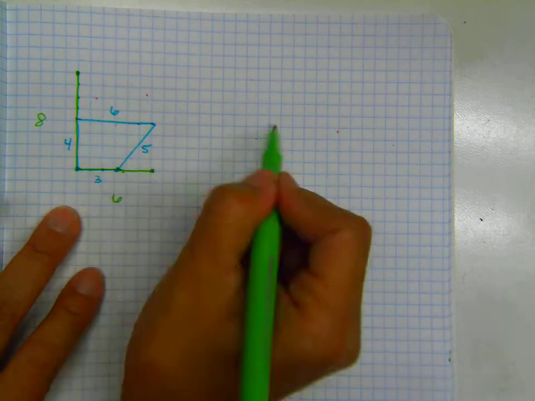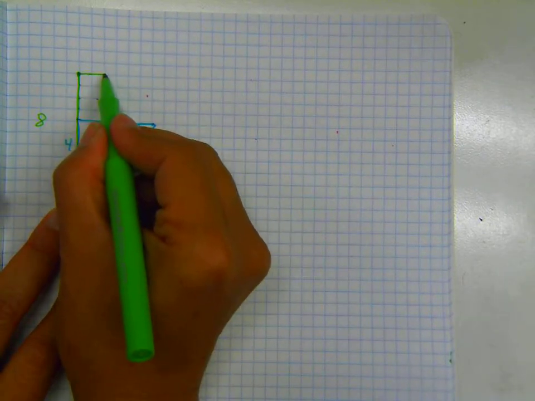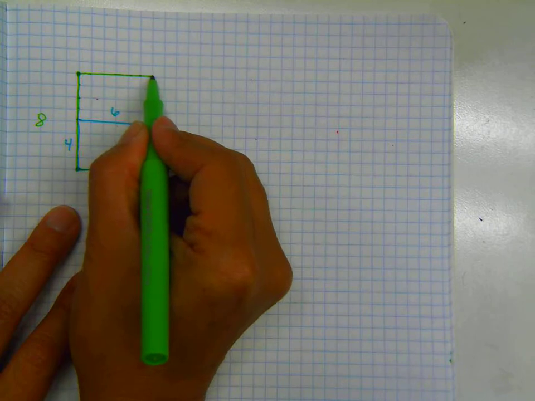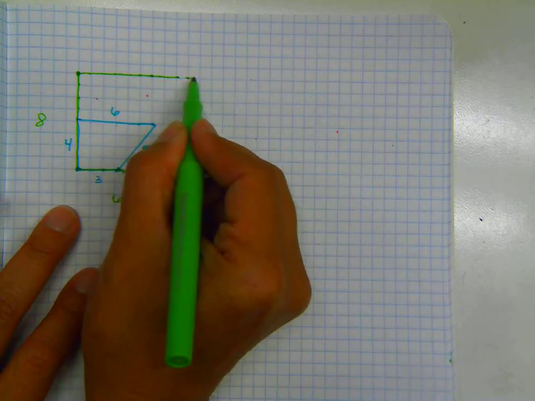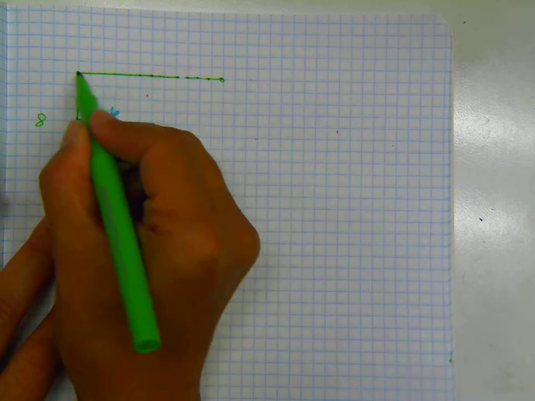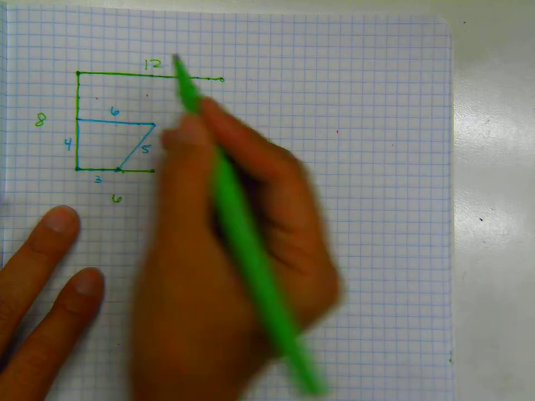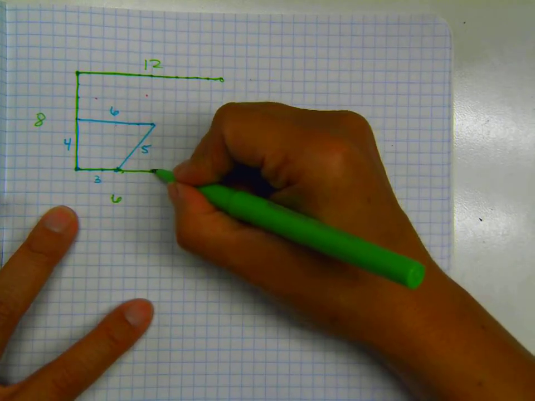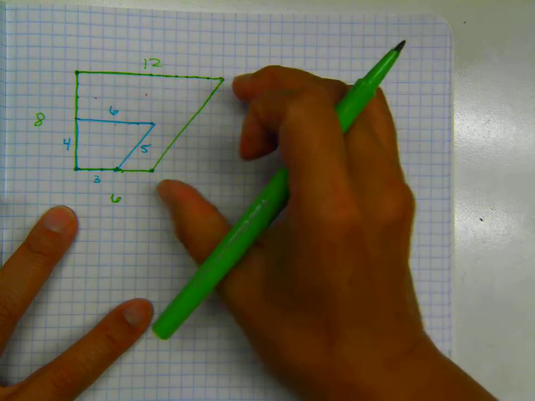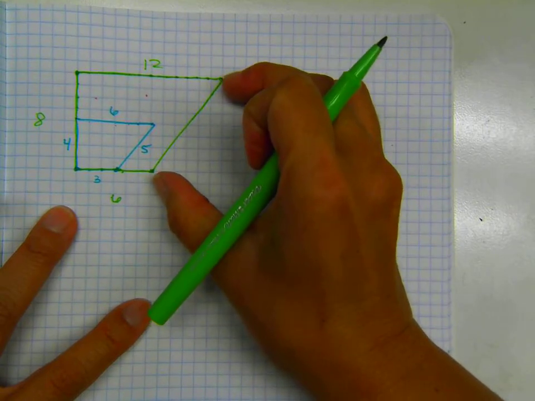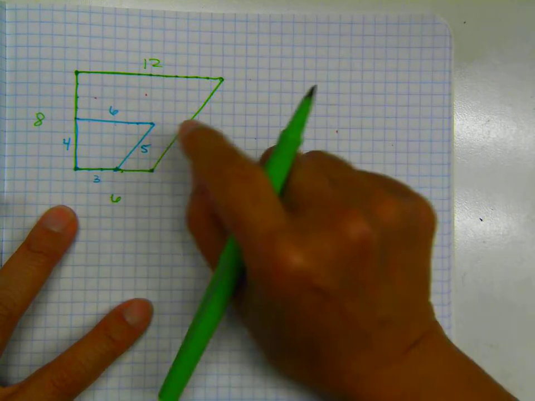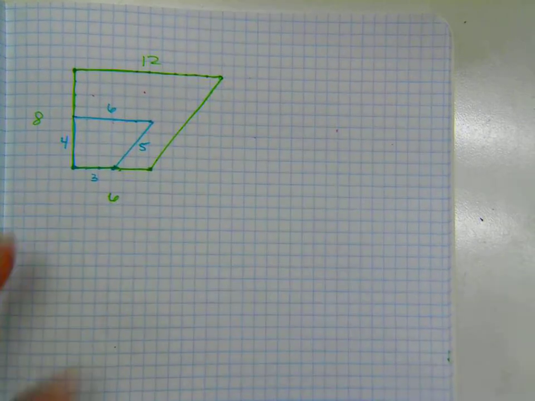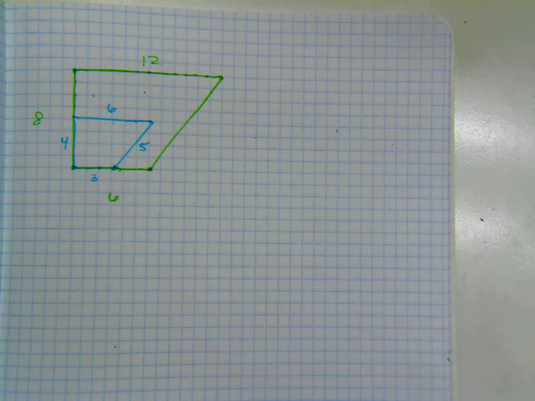And then I've got to go across 12. So 1, 2, 3, 4, 5, 6, 7, 8, 9, 10, 11, 12. And then I'm going to connect these two points. I'm not really sure what that is. I'm guessing it might be 5, but anytime I have a slanted line, it could be something weird. So I'm going to leave it at that for right now.